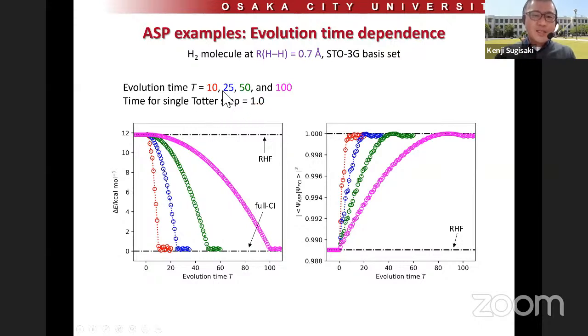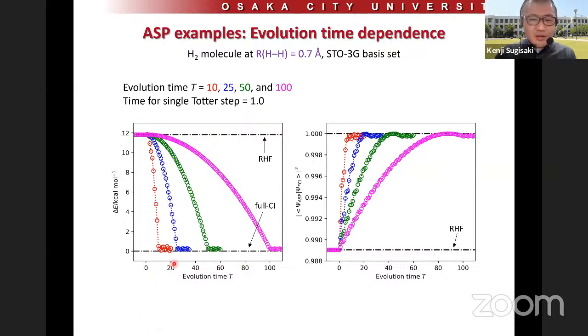So this means that if the total evolution time T equals 10, the number of steps M equals 10. In the case of T equal to 100, the step number M equals 100. And this is the energy deviation from the FCI. This is the FCI line. And this is the Hartree-Fock energy.